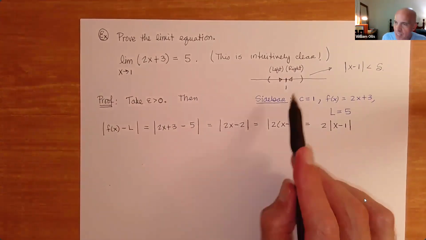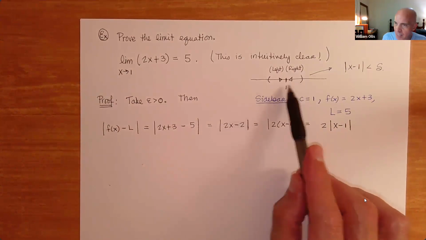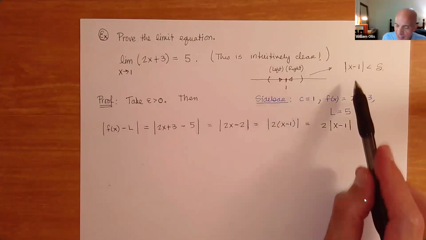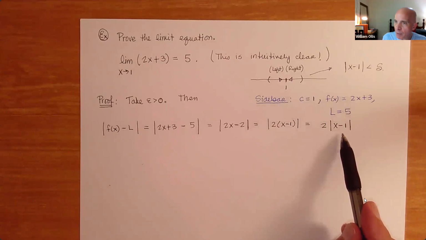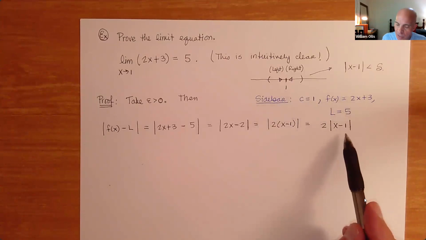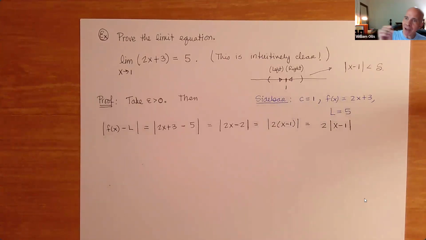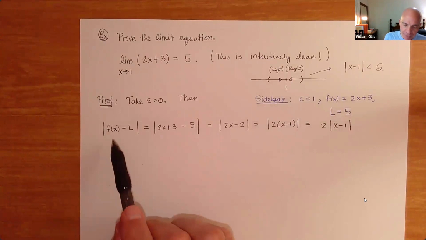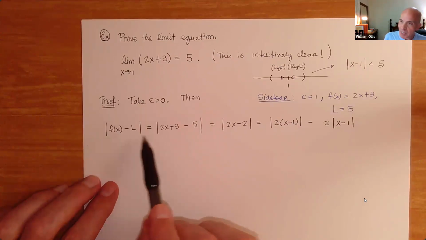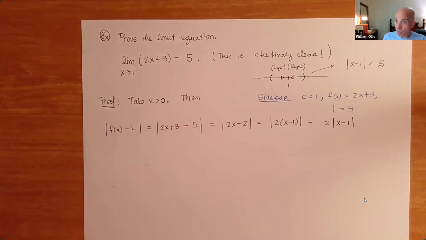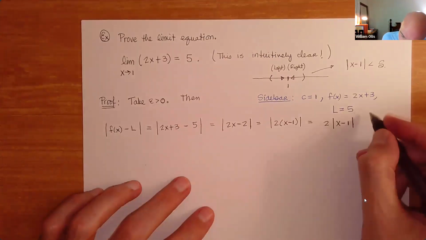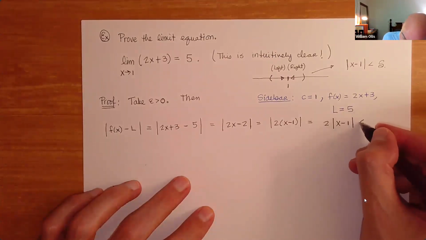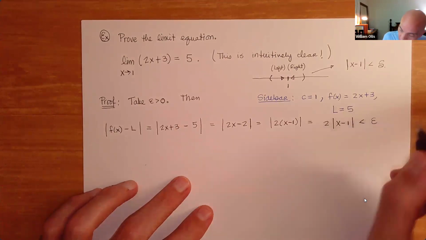We're thinking we did not have to restrict, as I said initially, to an interval about 1, because we're seeing that the absolute value of x minus 1 appears without any estimations. Okay, so now when we look at this, we're thinking, if we go back to the definition, the f must be within epsilon of L, and we have the epsilon. So this must be less than epsilon by definition.